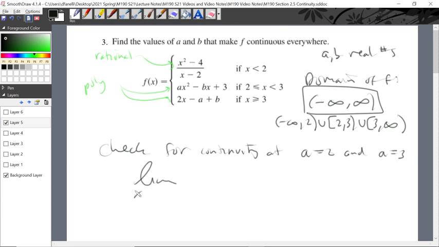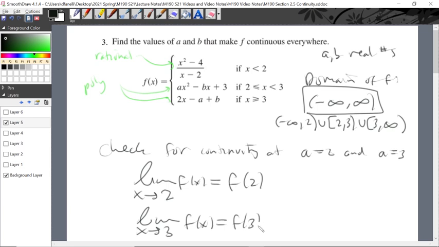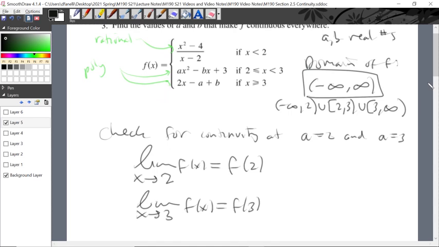That is, we should check the limit as x approaches 2 of f of x is equal to f of 2, and we should check the limit as x approaches 3 of f of x is equal to f of 3, and find what values of a and b would be required in order for those statements to be true. Then we would have continuity throughout the entire domain.